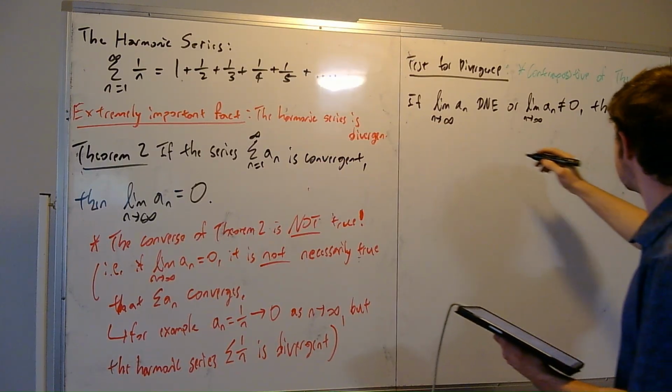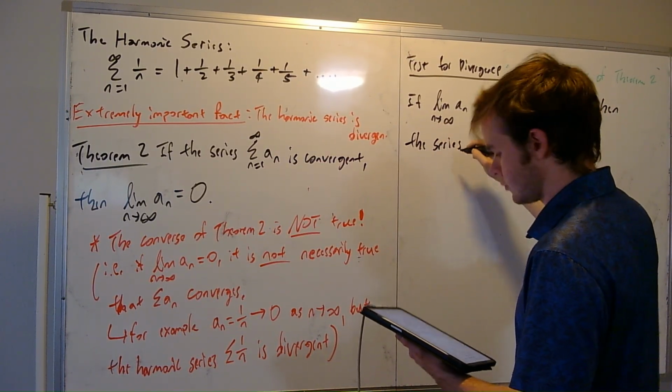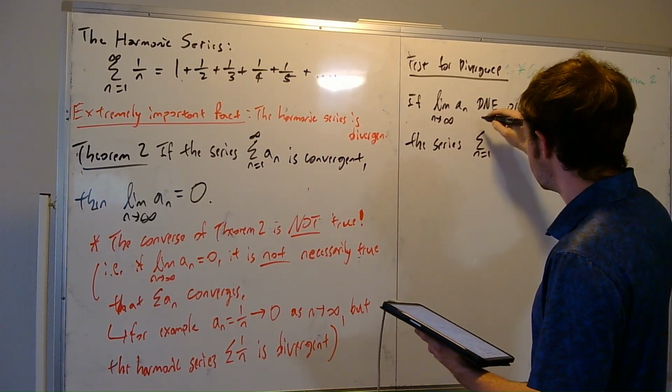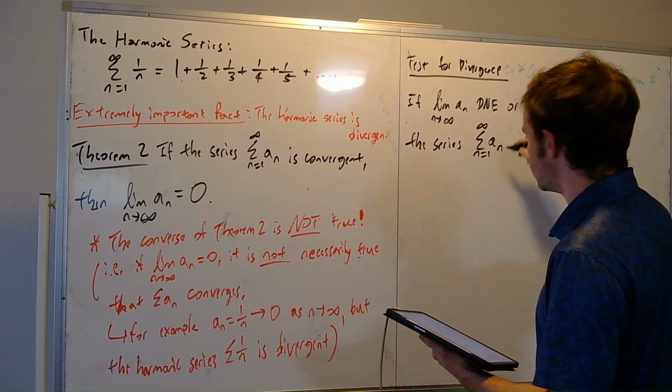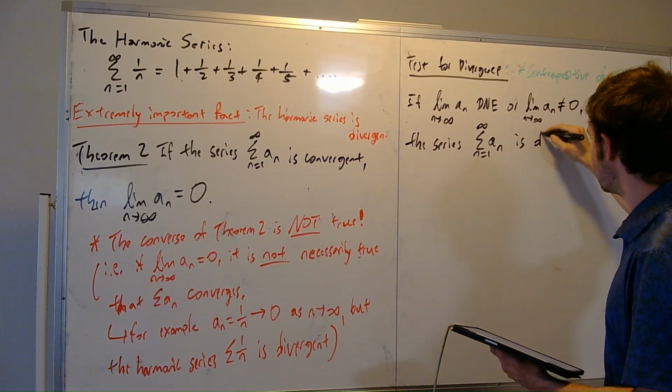So then the series, the sum from n equals 1 to infinity of an is not convergent, but not convergent means is divergent.